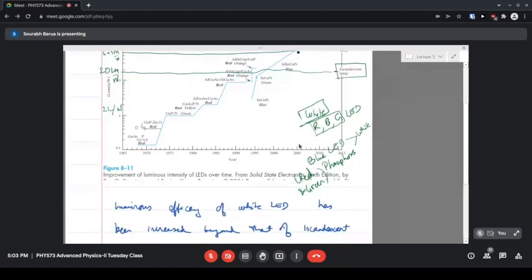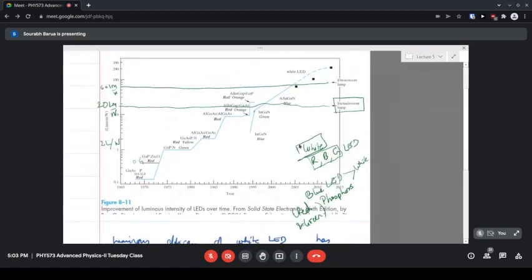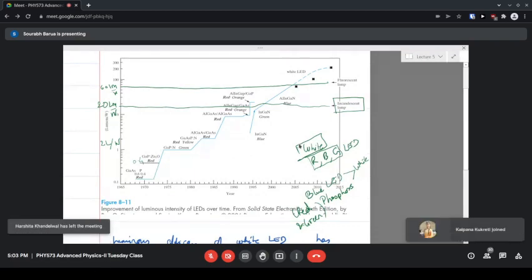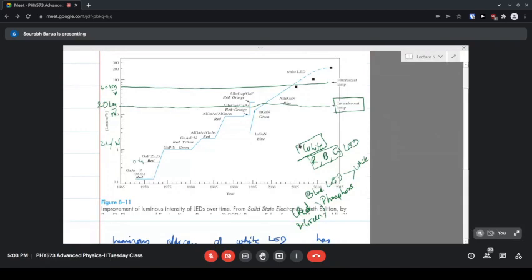You can read it from this graph. It is already written there. So roughly 60 lumens per watt.